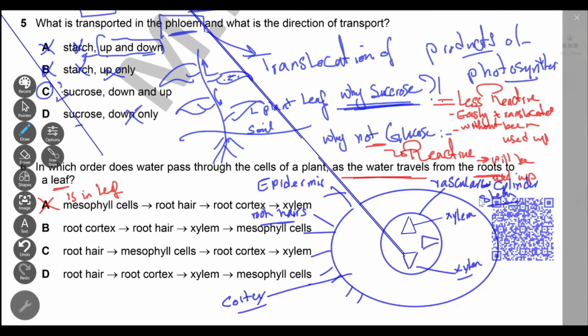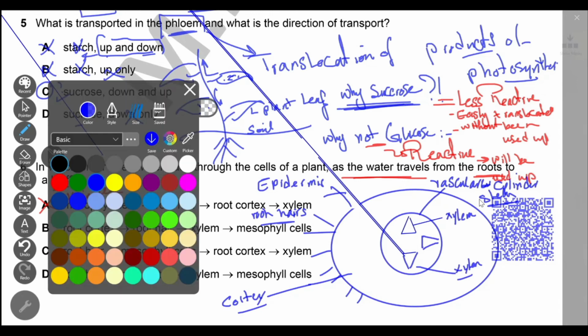And the phloem, I'll draw it in a red color just to differentiate it. This is the xylem. In between those arcs or branches, there should be patches of the phloem.